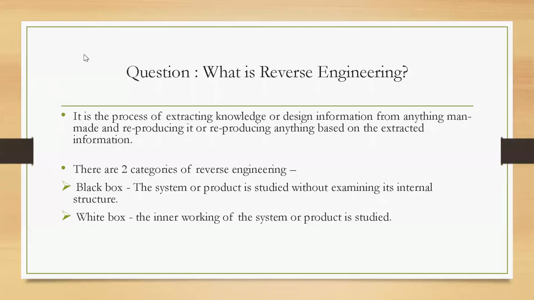We should know only the outline of the project, how it is working. And in white box, we should understand both the internal structure and how the system will work, internal and external, both we should have knowledge of.